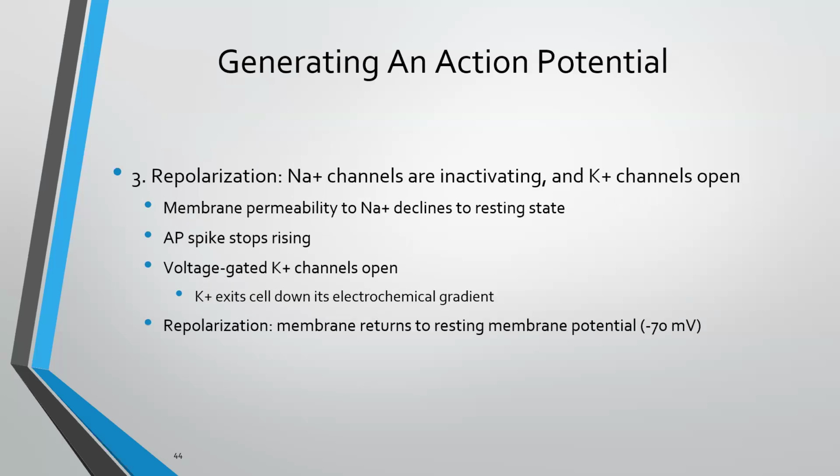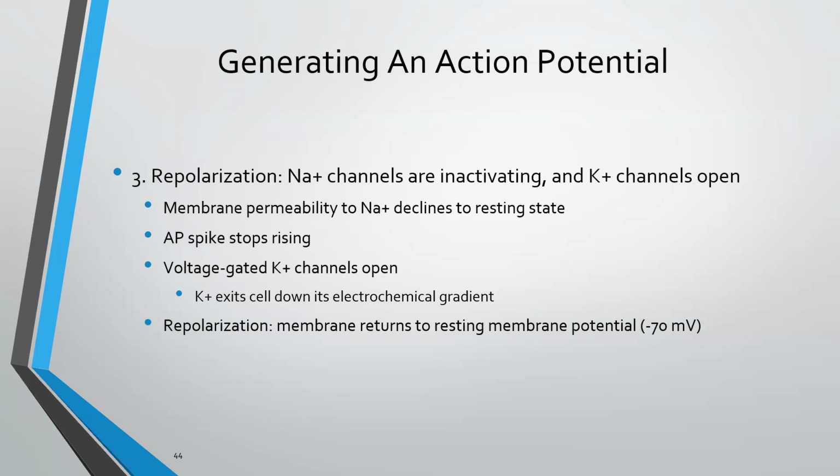In the repolarization, sodium channels are inactivated and potassium channels are open. So this stops the sodium from coming into the nerve, and it allows the potassium to exit the nerve.